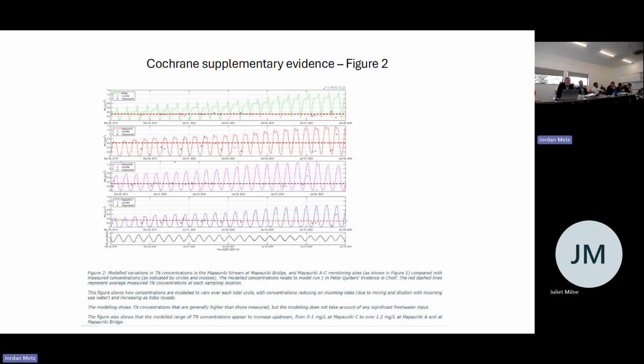I apologise, that's not a question, that's a statement, but we're just trying to work our way through this. So what confidence can we have that this tweaking is appropriate? That's where the difference between having it as a condition versus having it in the EMP gives that level of confidence. And we do understand the difference between the limit, which is in the condition, and these triggers, which are for identifying when you have to take more action or investigate things.